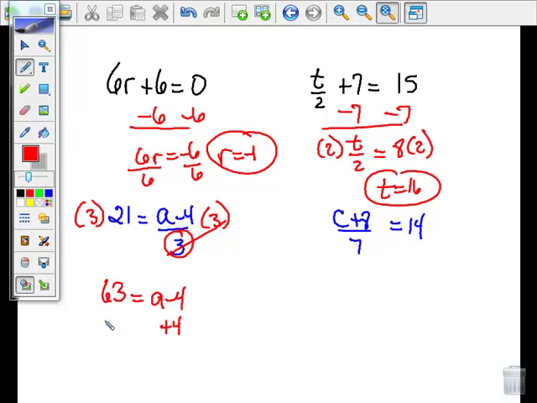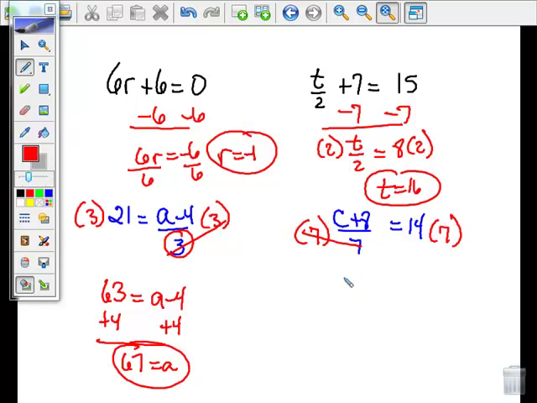We're going to add 4. So 67 equals the a. And then this one, multiply by 7. So c plus 8 equals 98. And subtract the 8. So c equals 90.